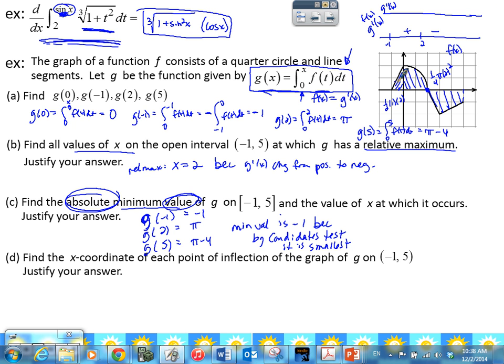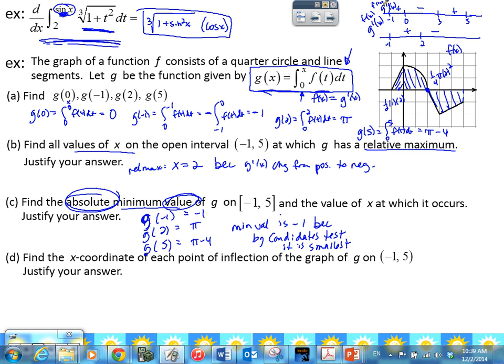So, we have a positive slope from -1 to 0. Positive, right? We have negative slopes from 0 to, what is that, 3? 0 to 3, negative slopes. And then from 3 to 5, we have a positive slope. Okay, so those are the signs of our g double prime. What is the other name for g double prime? F prime. You could use them interchangeably.